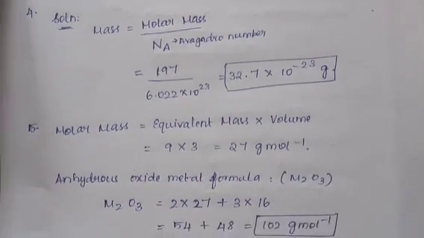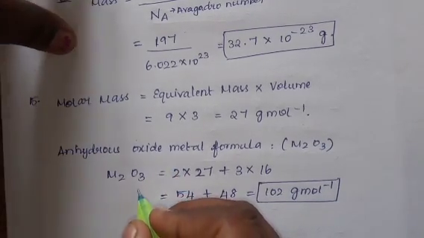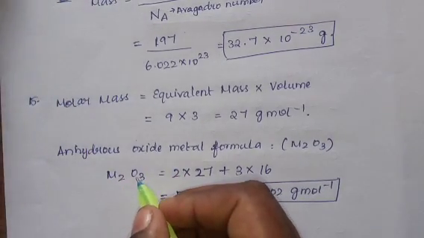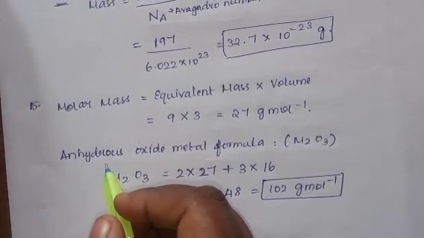Next, what they have asked is the molar mass of anhydrous oxide. For anhydrous oxide, the formula is M2O3.